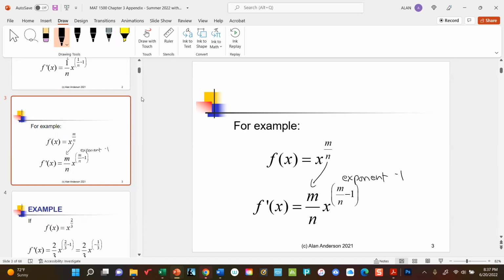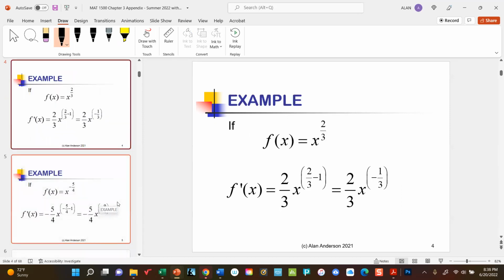All right, let's take a look at a couple of simple cases. All right, how about this one? f of x is x to the 2/3 power. So using the power rule for rational exponents, we have 2/3 x to the 2/3 minus 1.